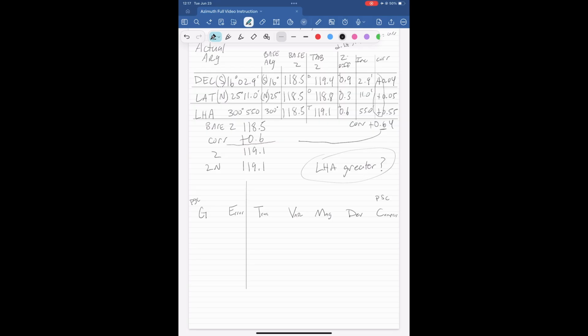So, plus east, minus west, from here to this line. And then from here it's going to be plus west, minus east. And you've got certain ways to remember certain things about this.